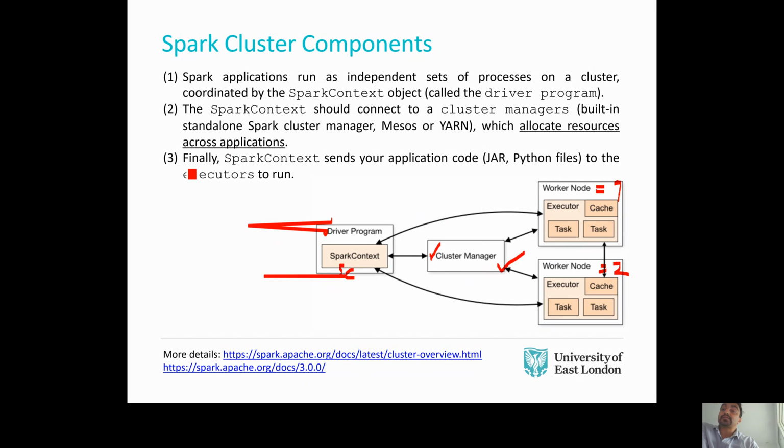I want to explain in the next slides how this approach helps us. Let's say I have a dual core machine. The first core is a worker node, and the second core is also a worker node. So executor, this is your task. Let's say I'm going to run 4 tasks over the data split across 2 workers.